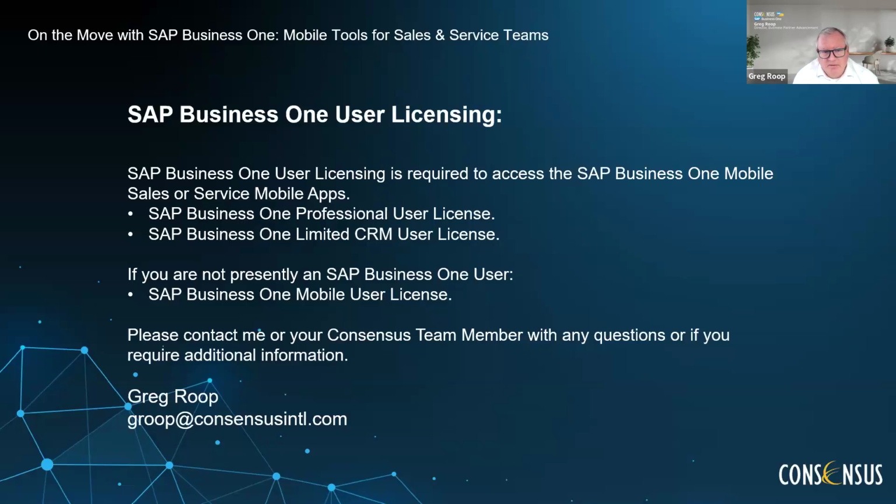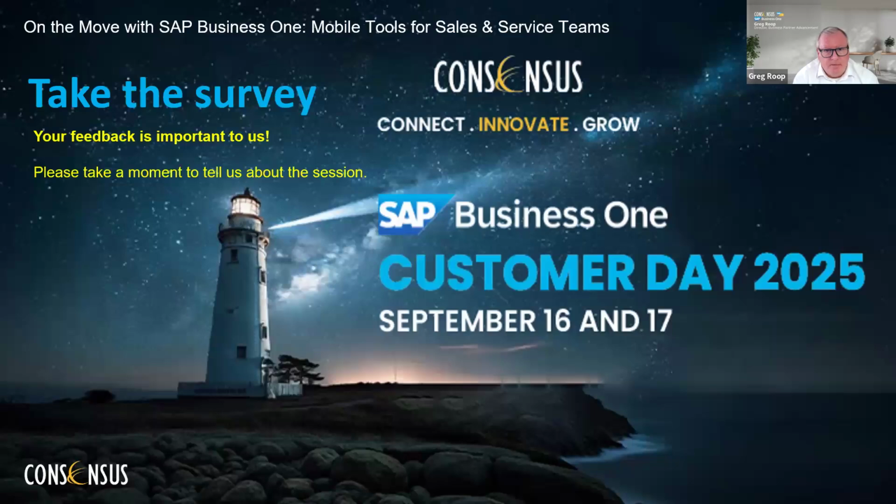That license fee is significantly less than a standard either professional or limited access license. But you do need to be licensed to run the mobile app through your standard licensing that you have or the additional mobile user license. If you have any questions, please contact me at my email below, or my contact number is in my email salutation. But wanted to make sure everybody understood that.